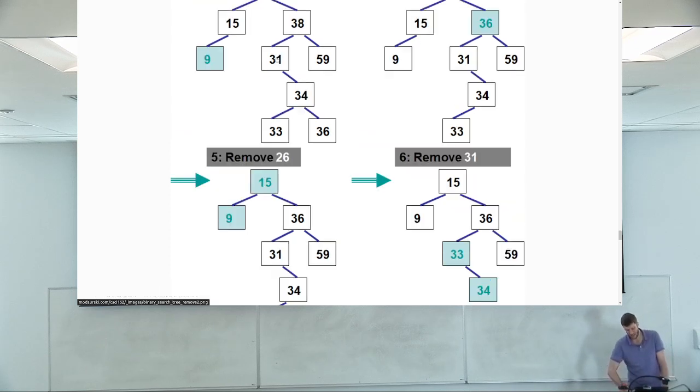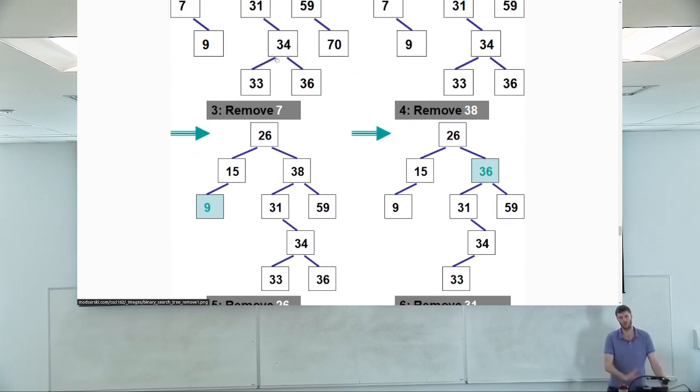Now, I like the idea of going with that strategy, if you put the equal values to the right, because then if I'm removing 26 and the tree has another 26, the root node would be replaced with the equal value 26. So it's very stable. Implementation-wise and definition-wise, it's fine, but it just feels a little better. But it doesn't matter.